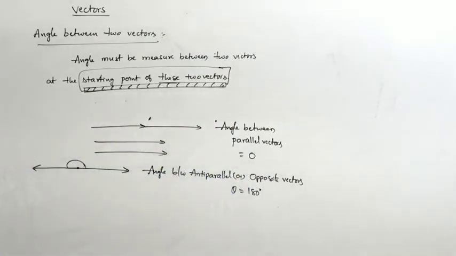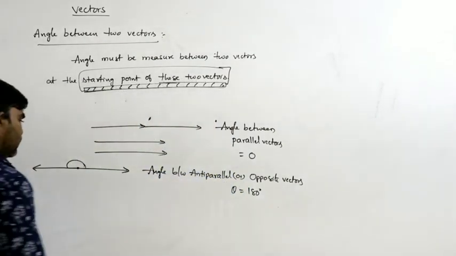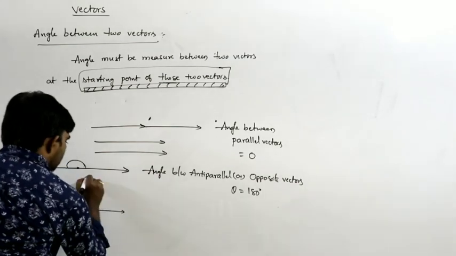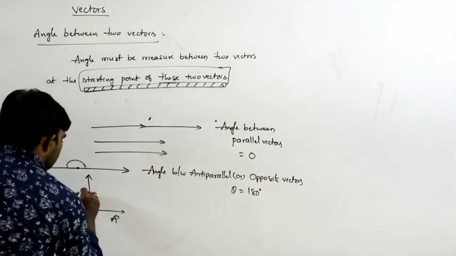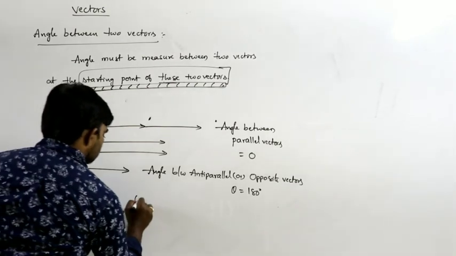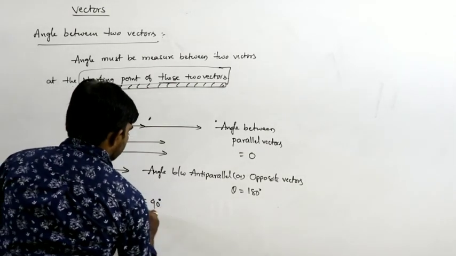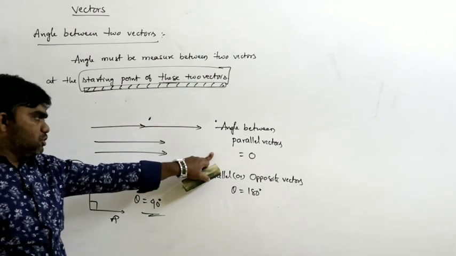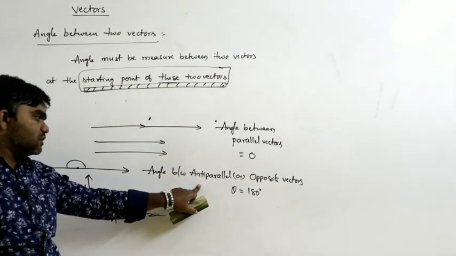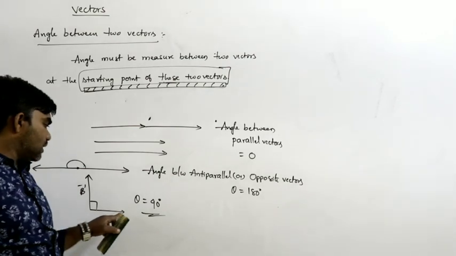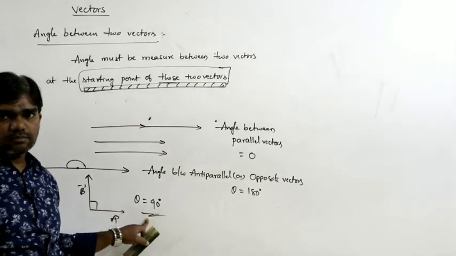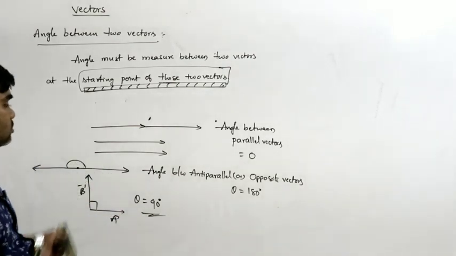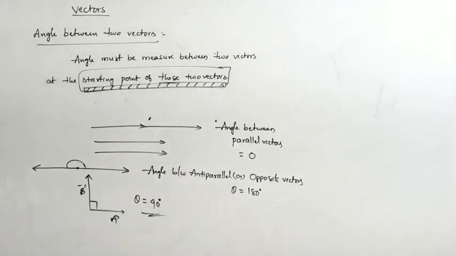The angle between perpendicular or normal vectors is theta equal to 90 degrees. So the angle between parallel vectors is 0, the angle between anti-parallel vectors is 180, and the angle between normal vectors is 90 degrees. Perpendicular is 90 degrees. So this is the way to find out the angle between vectors.